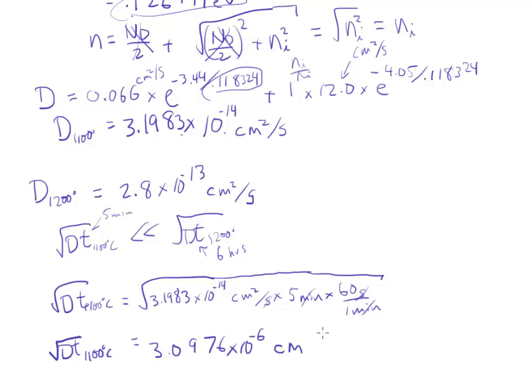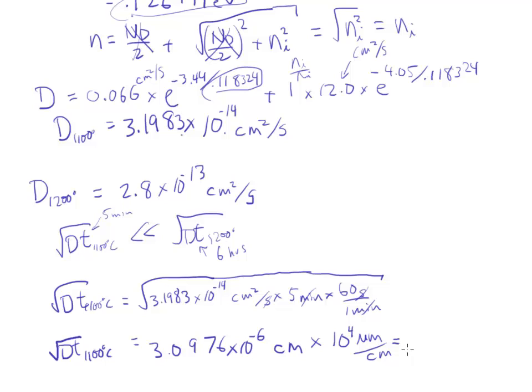First of all, that doesn't match the answer in the book, which is 0.092 microns. If I convert to microns, remember there's 10 to the 4th microns per centimeter. It's 10 to the 6th microns in a meter, but since a centimeter is 100 times smaller, there's only 10 to the 4th microns per centimeter.